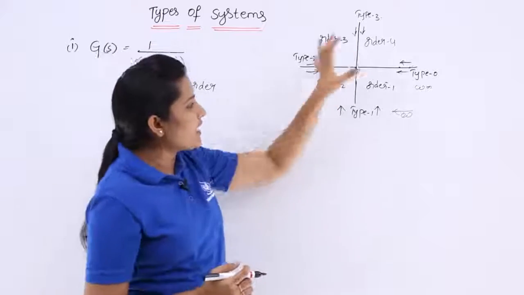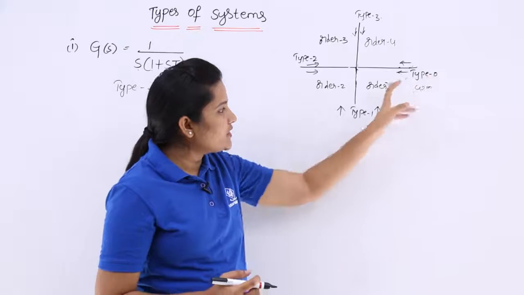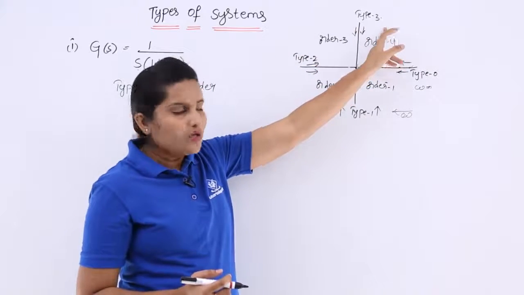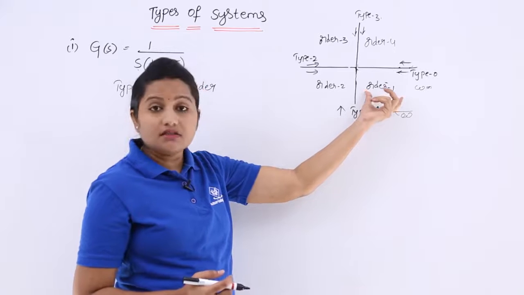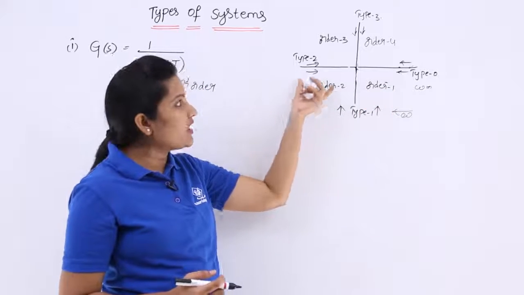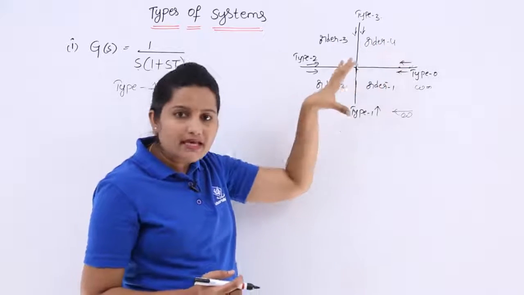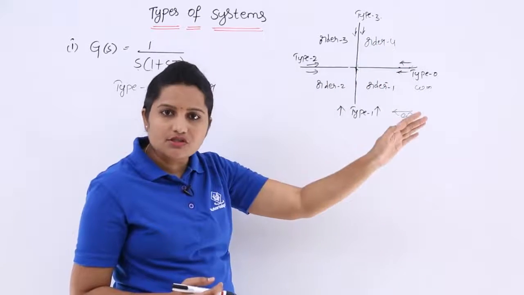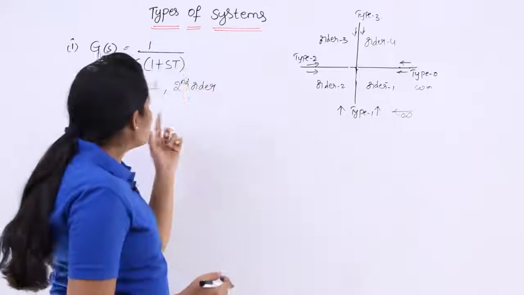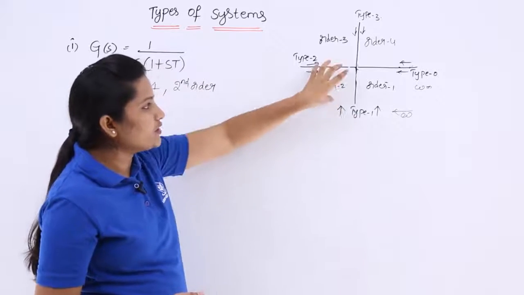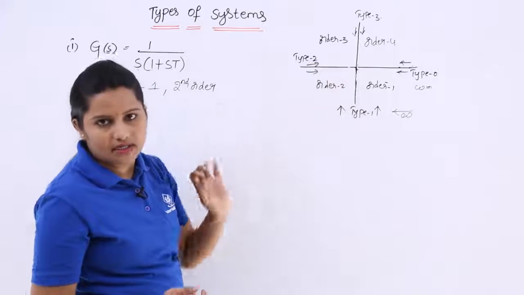If you see this diagram, where type 0, type 1, type 2, type 3 are there, and we have different coordinates like order 1, order 2, order 3, order 4, then according to this you can imagine where your plot is going to be. For type 1 second order, your plot will be in this coordinate.